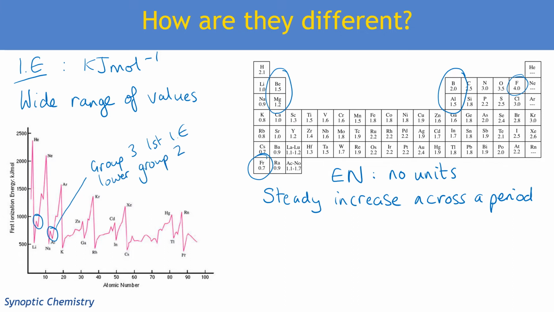What that's showing us is the difference when we go from the s to the p subshell. So for aluminium, for example, the outer electron is in the 3p subshell, whereas for magnesium it's in the 3s. s is closer to the nucleus. So because it's a wider range of values, we can see the difference going from one subshell to another. And we can't see that with electronegativity.